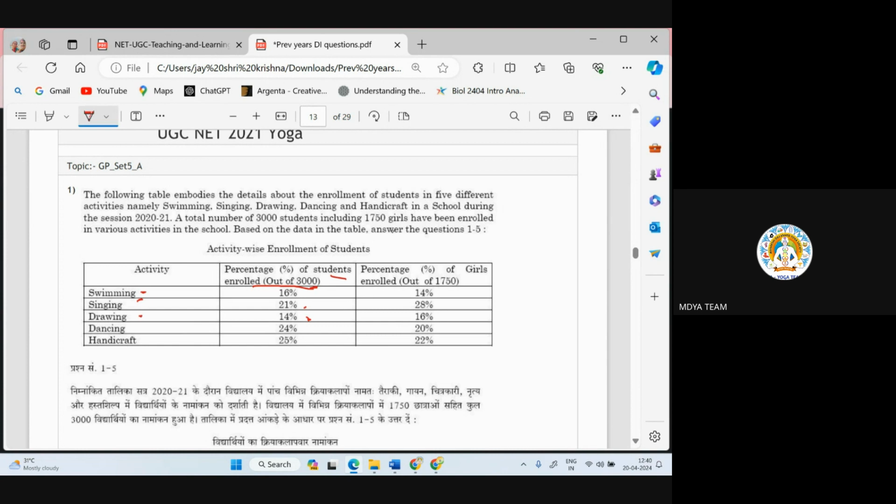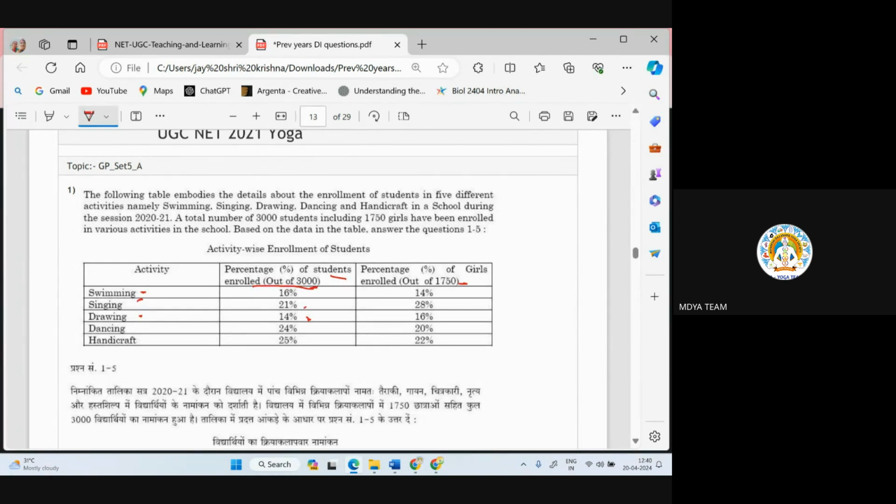So the total number of girls out of these 3000 is 1750. You calculate the number of boys, because I'm sure in the question they will mostly only talk about the number of boys.